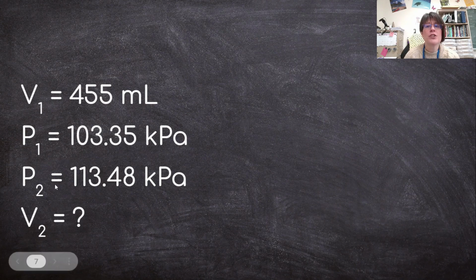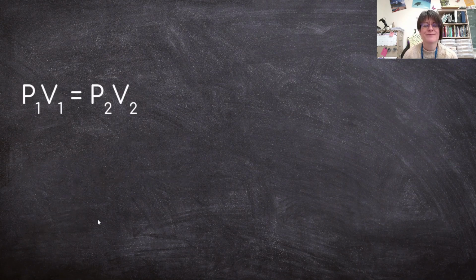The pressure that it is under increased pressure is 113.48 kilopascals, and we're after the second volume. Now, looking at this, we know that when pressure goes up, volume should go down. So my prediction is it will be a smaller volume, using what we already know. Let's see if it works.